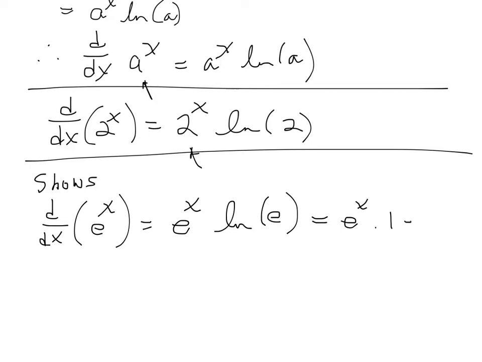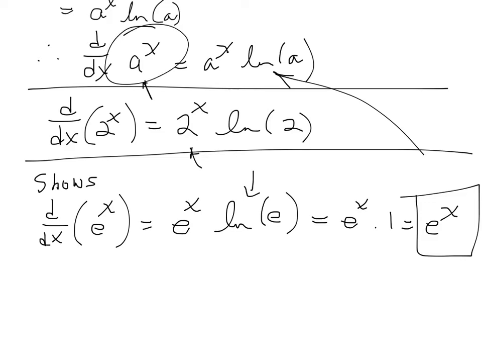Did you remember that? Because this is base e. And so that's why you can also use this formula with base e. You can use the same formula when you're finding the derivative of e to the x.